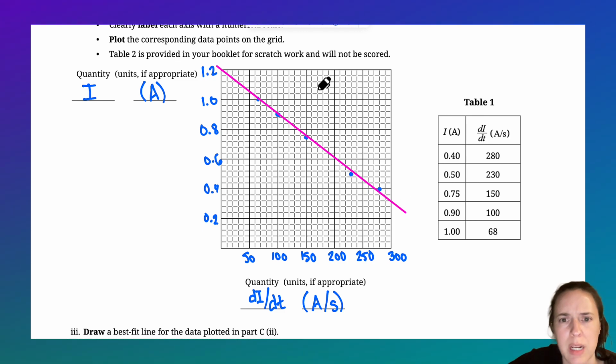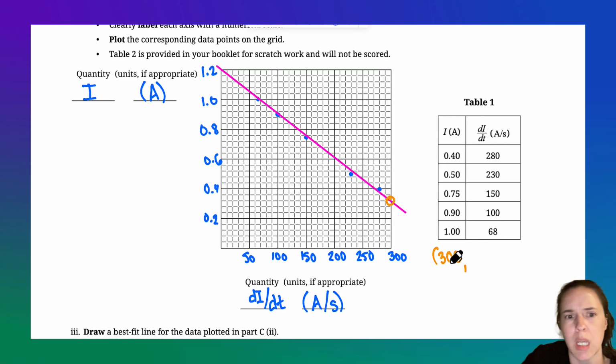So I'm going to choose some nice intersection points. You look nice right there. You look nice right there, 300 and 0.2. 4, 8.32. Okay, so 0.32.